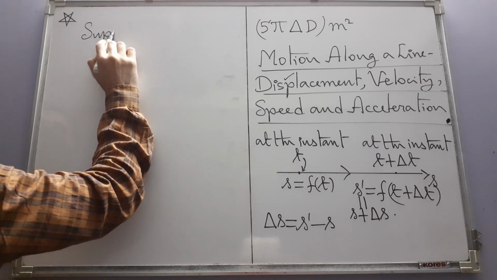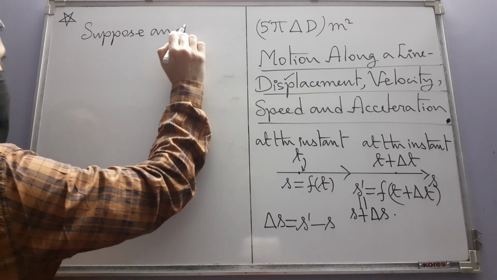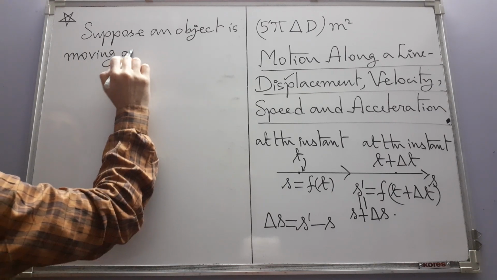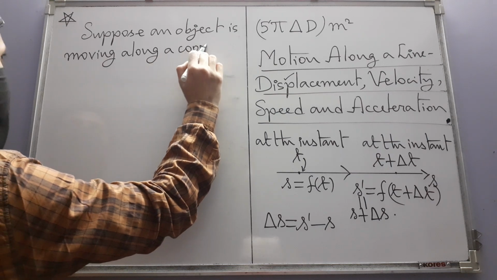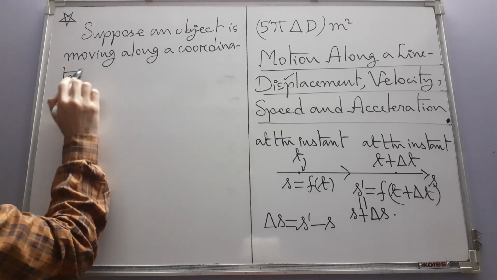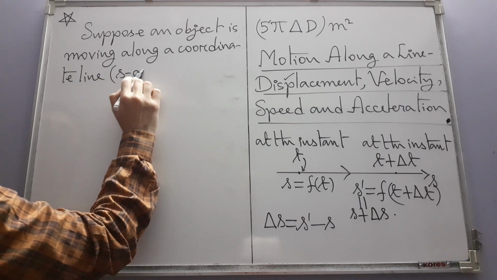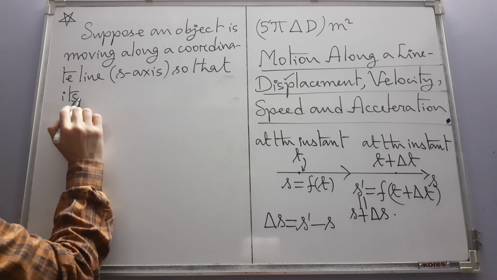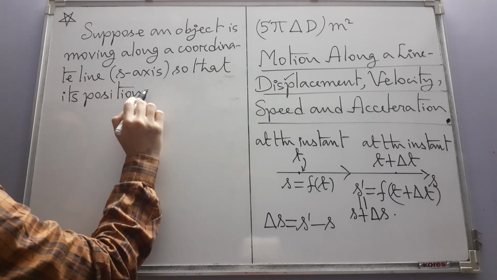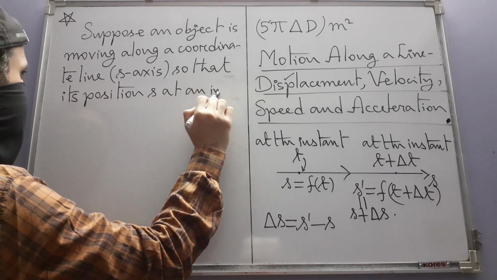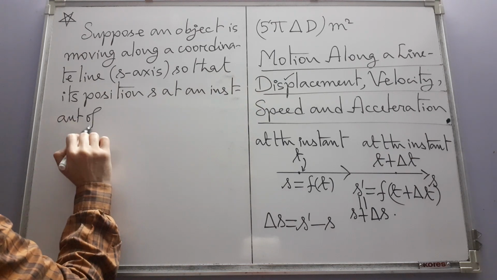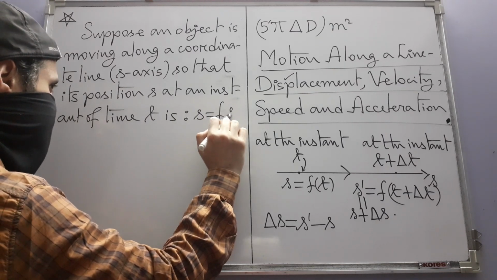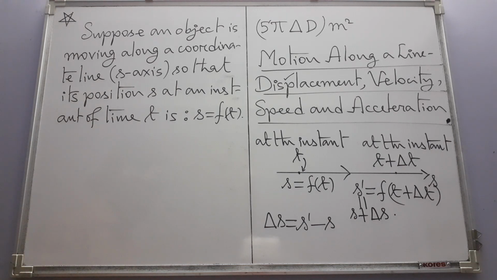Suppose an object is moving along a coordinate line, s-axis, so that its position s at an instant of time t is given by this function s is equal to f of t.